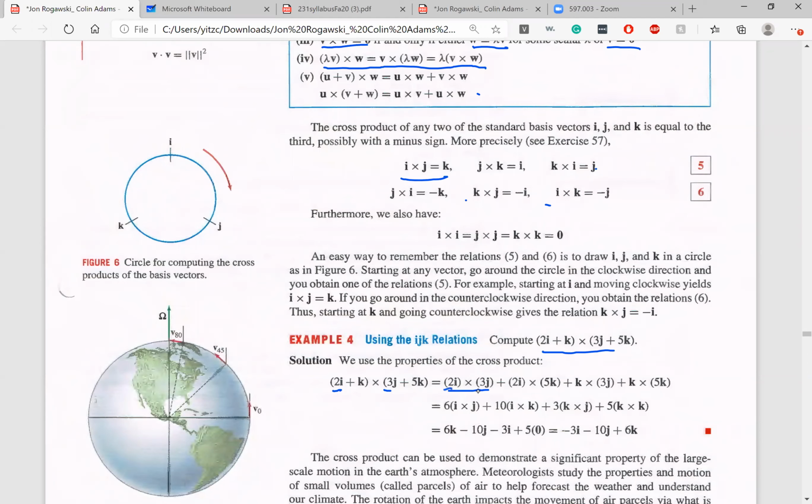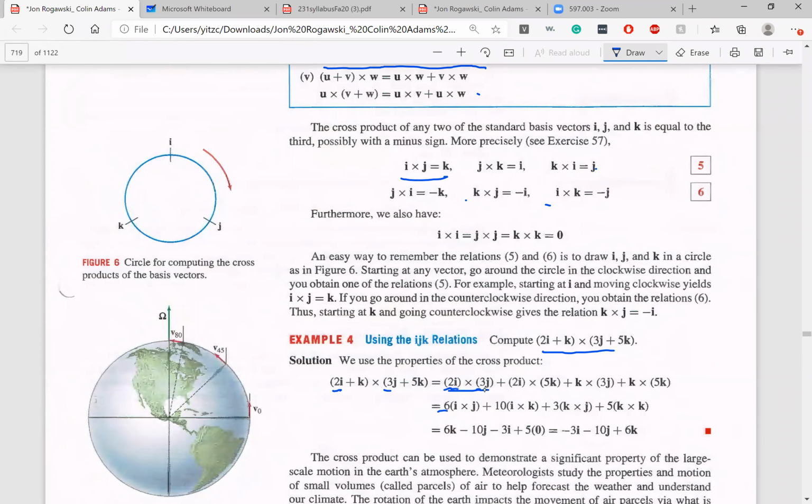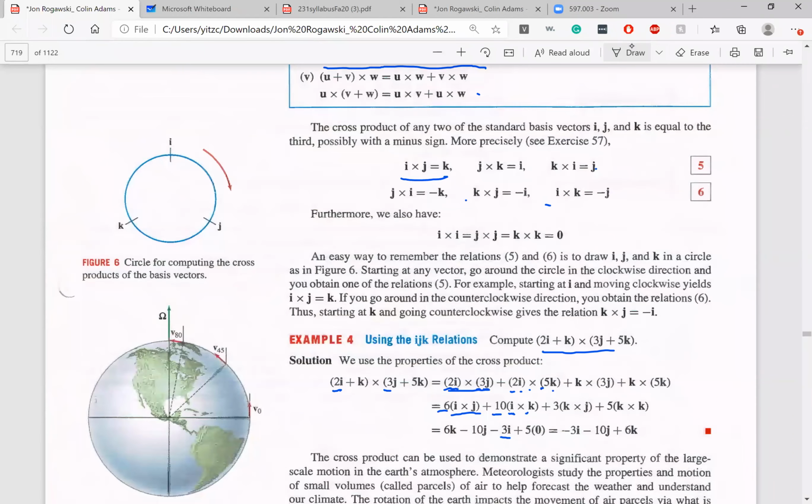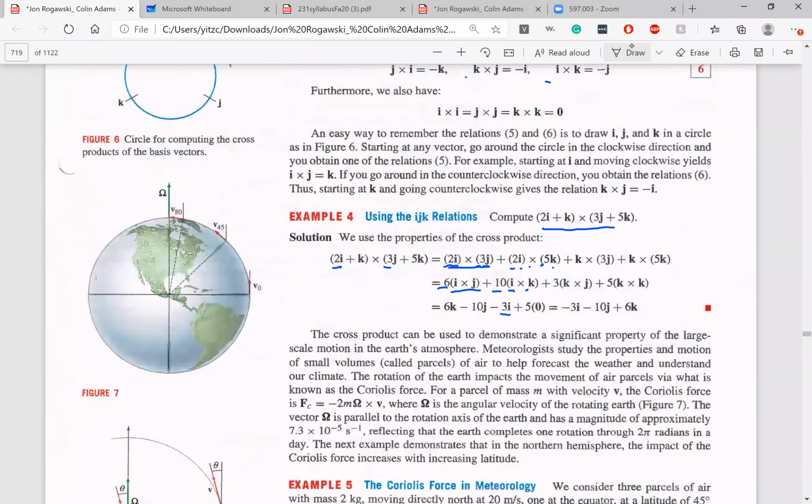And then 2 times 3 becomes 6, i cross j becomes k, plus 2 times 5 is 10, i cross k, and so on. And so then you get 6k minus 10j minus 3i. And so it's fairly straightforward.